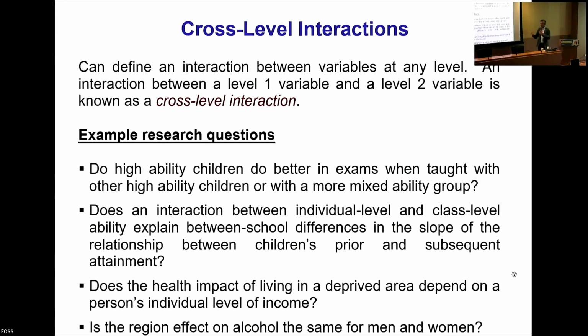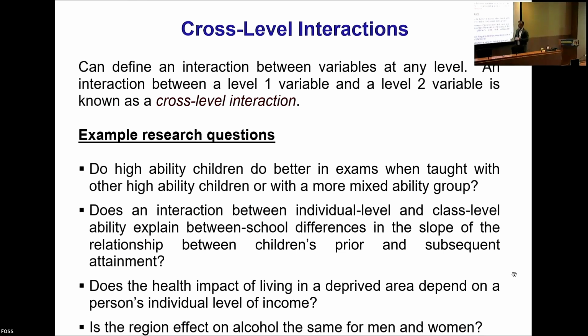And then you can do more complicated things where we're looking at interactions, but not just interactions between individual level variables, but interactions between a group level variable and an individual level characteristic.